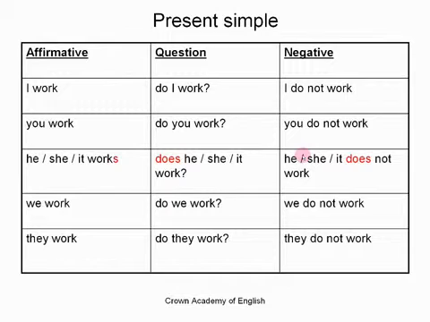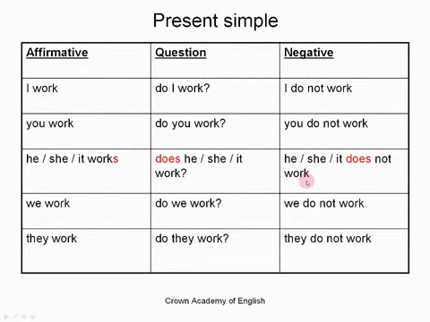So he works becomes he does not work. So instead of adding do not to the sentence, we add does not. So we add does not, and the form of the verb itself is the infinitive.